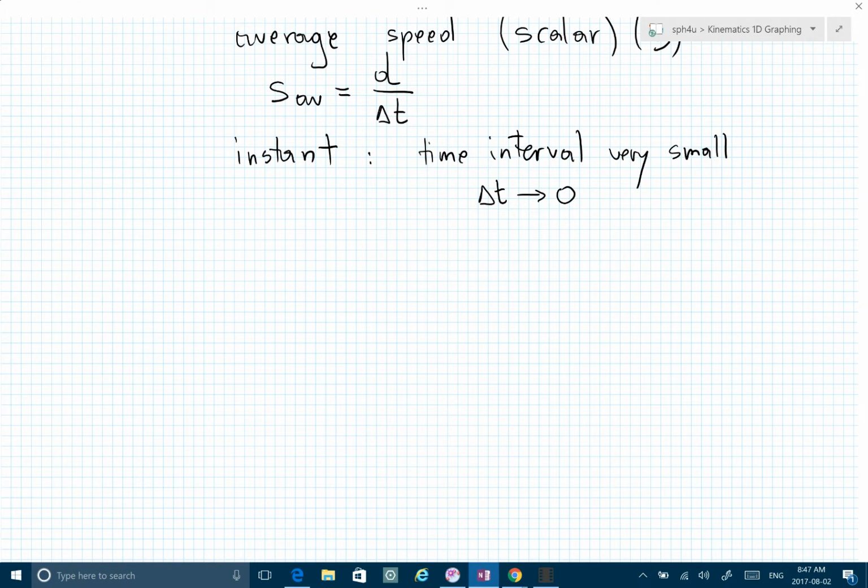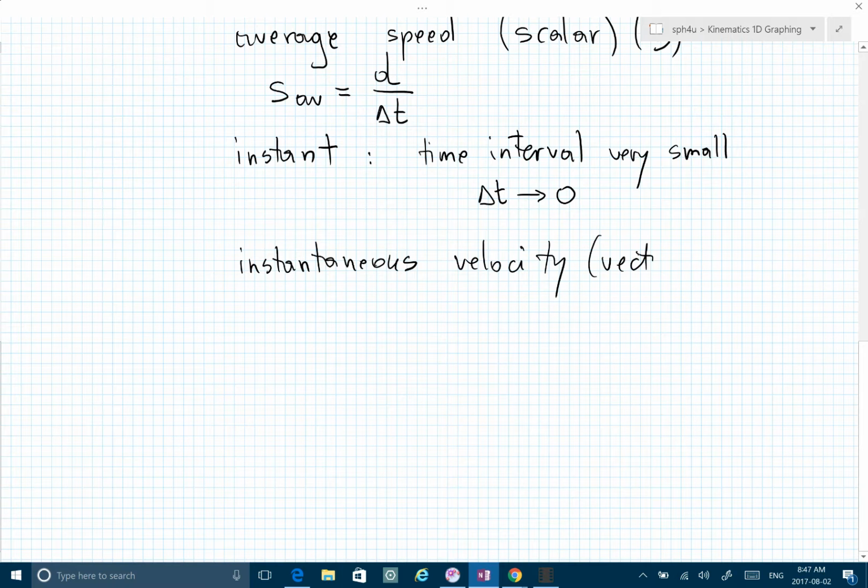So having hopefully understood that, then we go to instantaneous velocity. Again, it's a vector, and the units are meters per second. So instantaneous velocity is defined as the average velocity for a very short time interval at a given point, right?